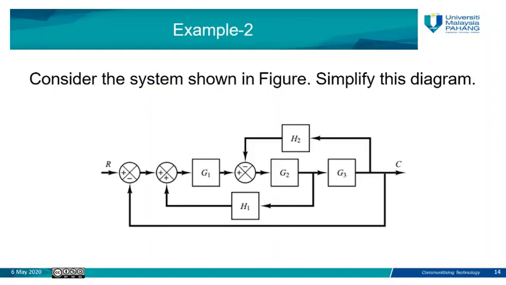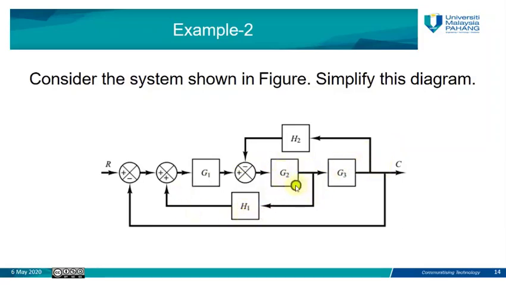So before we do some moving of a summing junction or pickup point, we need to check, is there any cascade form, any parallel form, any feedback form that can be directly applied to the system without moving.